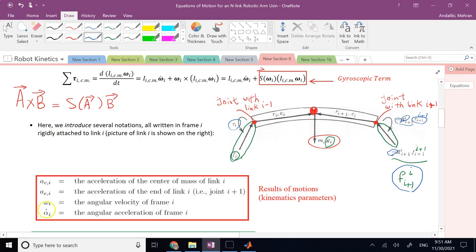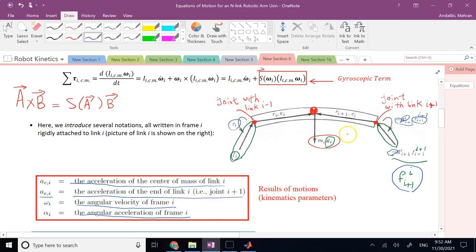Alpha and omega are definitely the angular acceleration and angular velocity of frame I. And A of Ci and A of Ei are what? A of Ci is, of course, the acceleration of the centroid of link I. A of Ei is the acceleration of the end of link I plus 1.